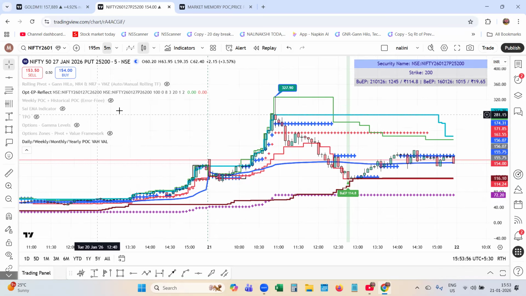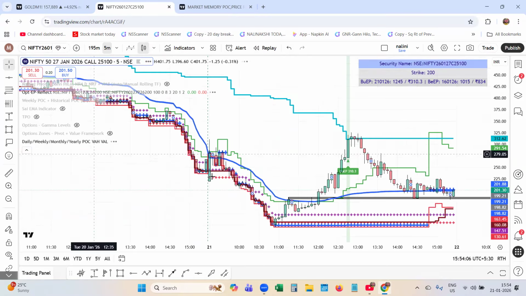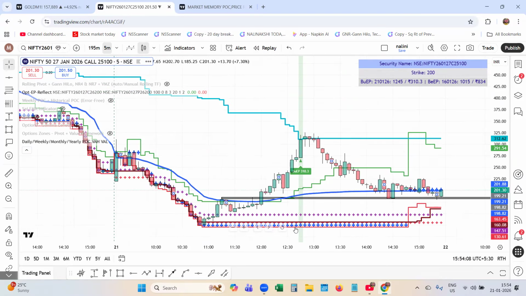So immediately what you could have done, since the price was around 25,100, you could have gone for 25,100 call option. Here you can see around 11:30, from 178 it ran up to 313.